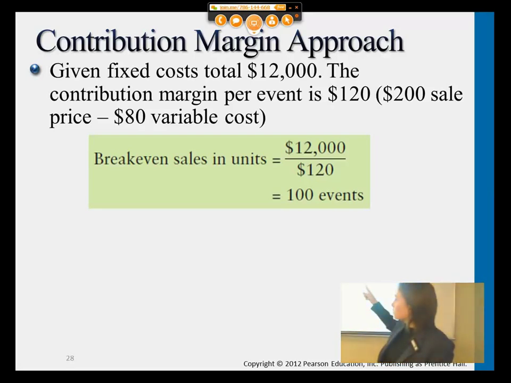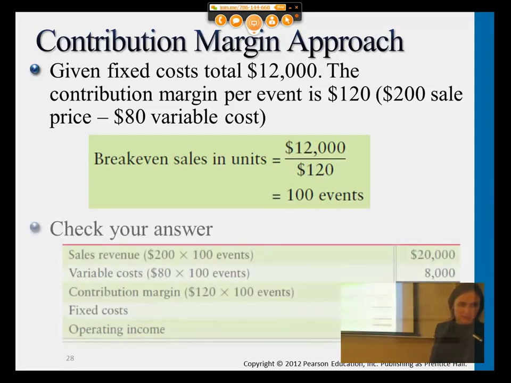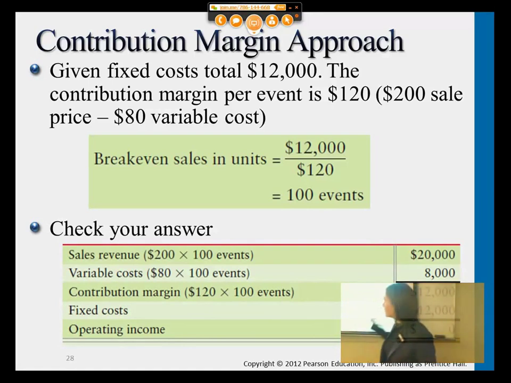Now we know that our break-even sales in units is 100 events. Same thing, just a faster calculation, right? Do you remember how we calculated it before? We also found that you need to have at least 100 events registered, but it was much more complex, right?